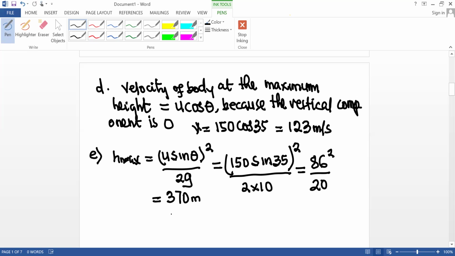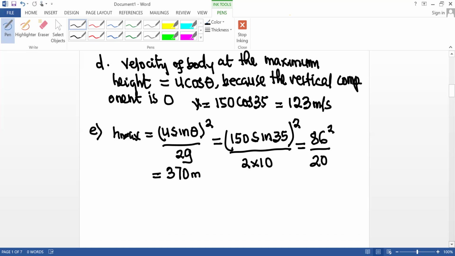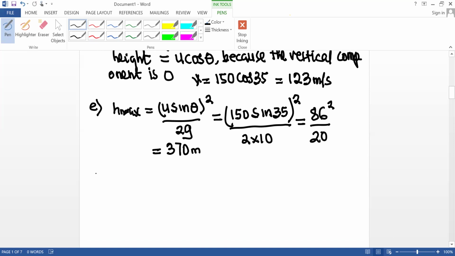We can also find this using a different method. It's just good we go through this as well. If you use H is equal to ut, of course, u is u sine theta, so u sine theta times t minus half g t squared.